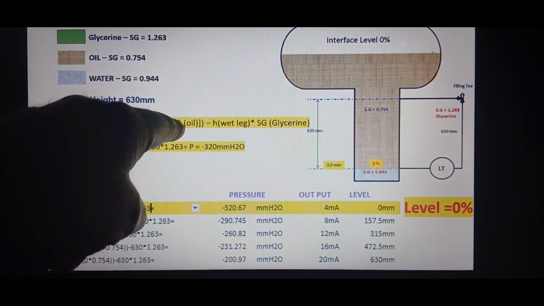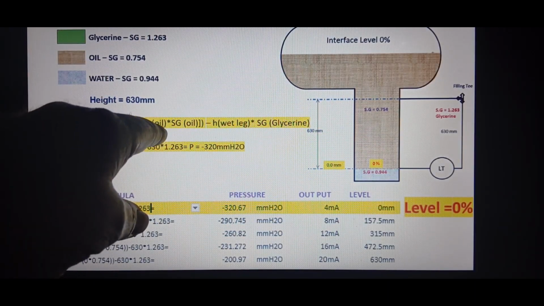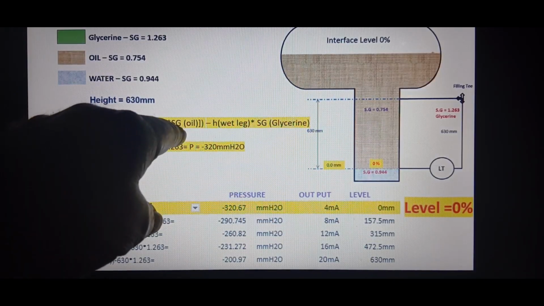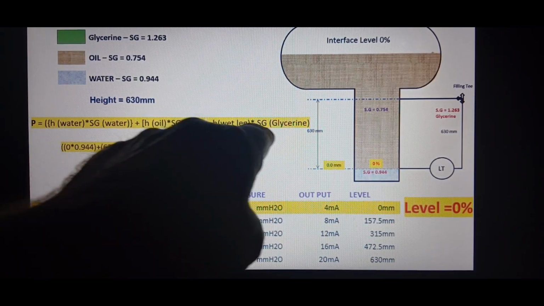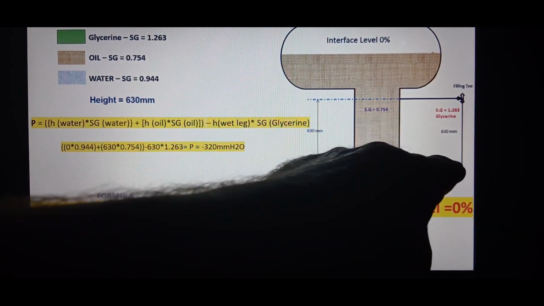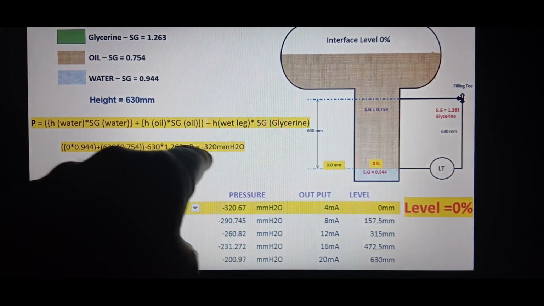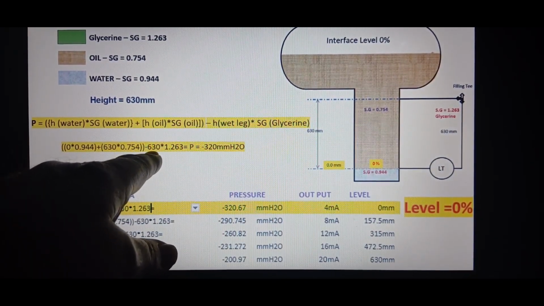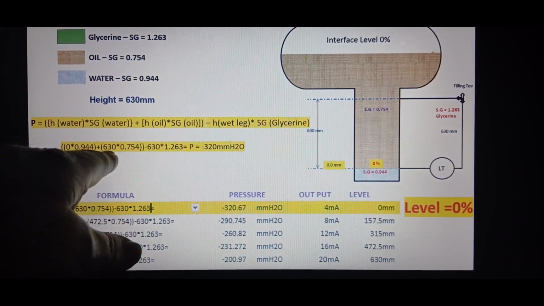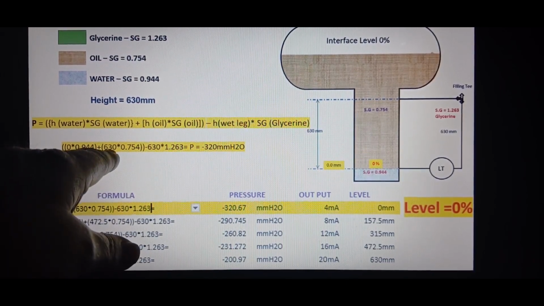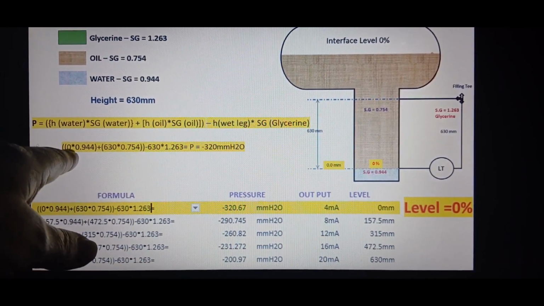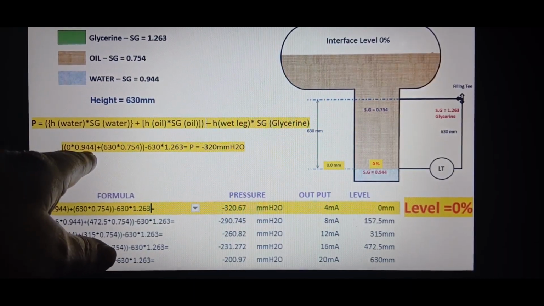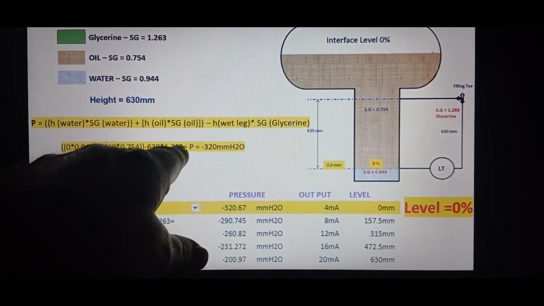So the oil SG and the oil height, you multiply those 2. You do the same with the glycerine, it will be 630, and you can see that in the formula there. That's the 630 for the glycerine. This is the 630 for the oil. And this is the 0 for the water. These are the SG values that we multiplied with.